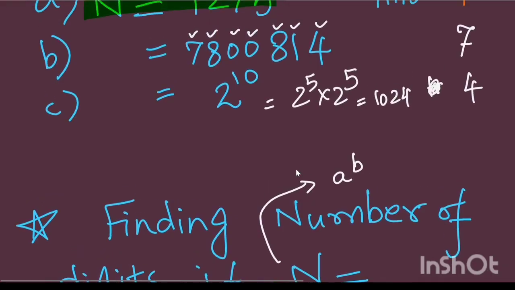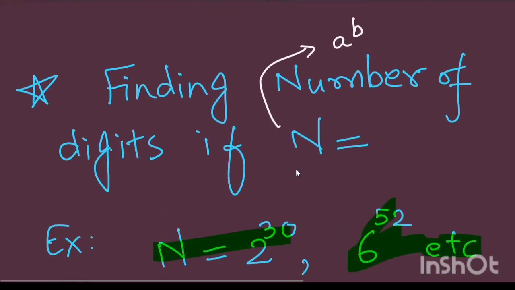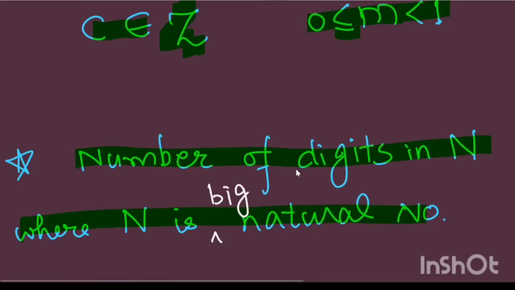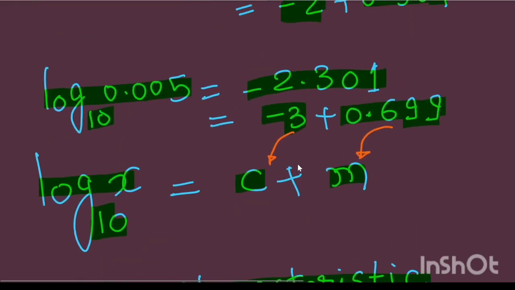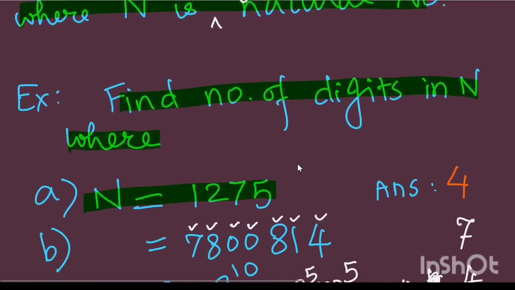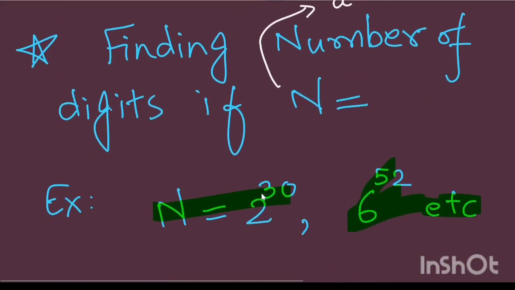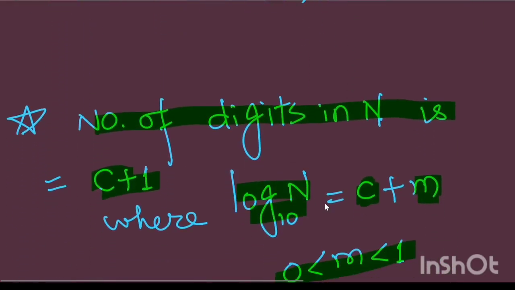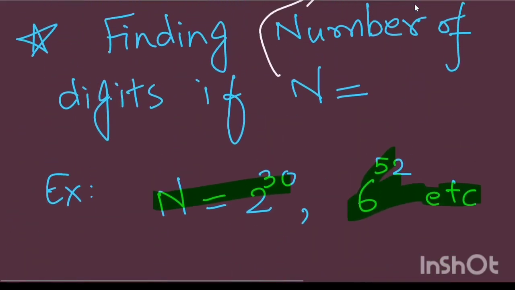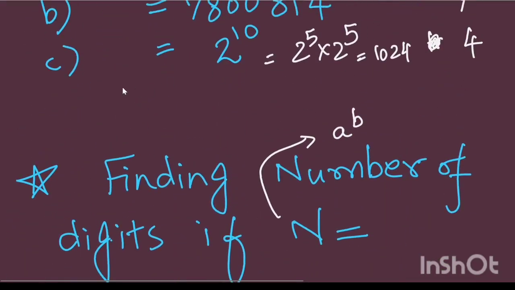So how can we get that, guys? Let's see from an example. The first step is to take the logarithm of n, and we have to check the characteristic. 1 greater than the characteristic is the number of digits in n. Let's take this number, 2 to the power 10.